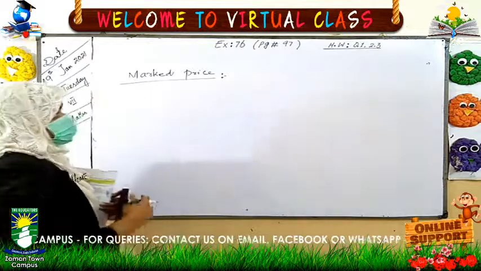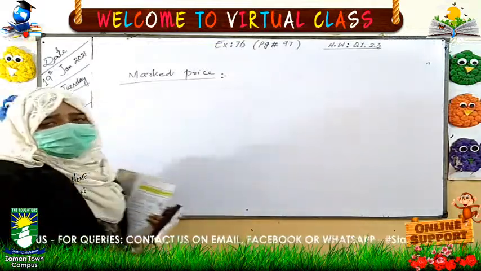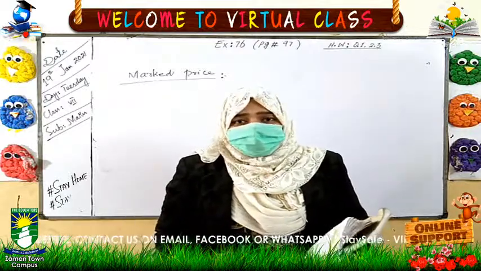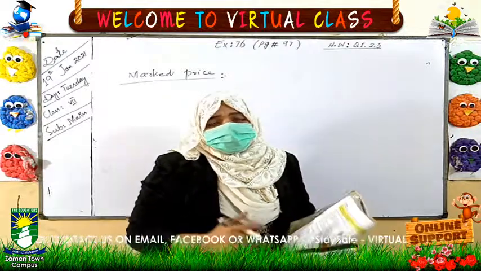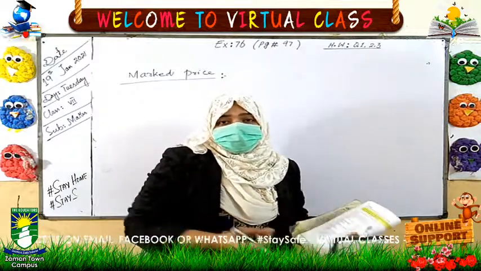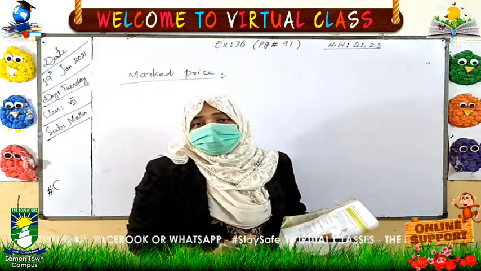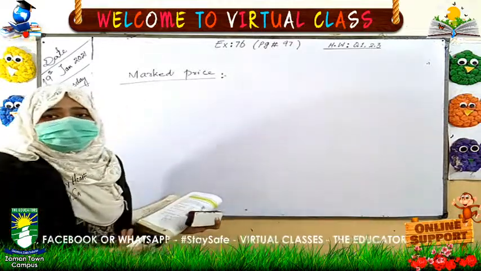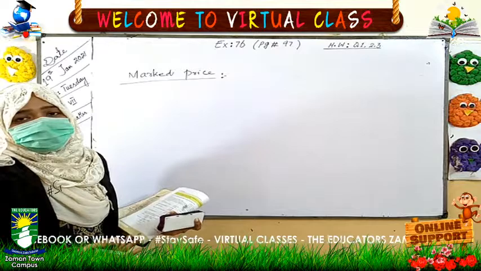You can also call it the title price. There are many names for the mark price. Keep this in mind: the amount which you will pay for purchasing any article is known as a mark price. You can say that it is actually the price, or the cost of any article.